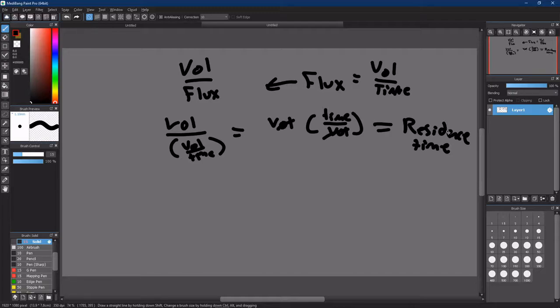So your next step would be to calculate the residence time of each reservoir. So on table 2, basically what you find is that for the oceans, the residence time is about 22,800 years, whereas for the atmosphere, the residence time is about 0.03 years.